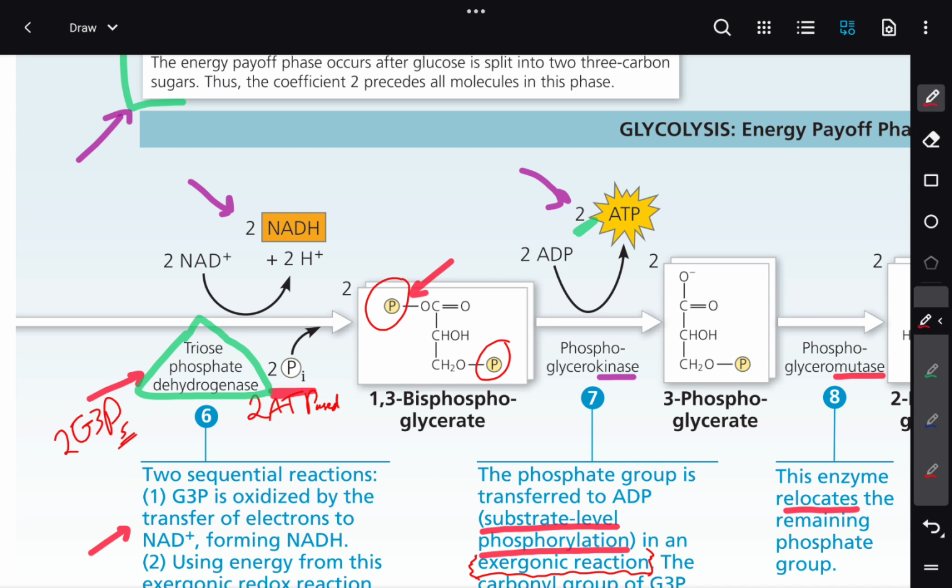We also have 4 electrons, 4 hydrogens. Where do we have those from?